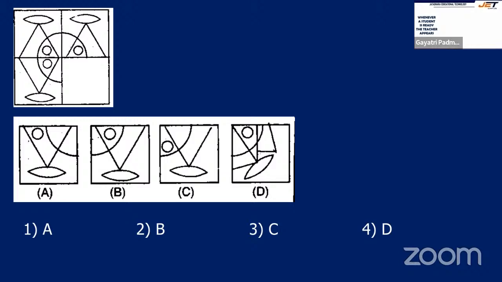You need to choose the correct one. All right, so you just have to see. Let me give you a clue how to choose such questions. It cannot be this, okay? Because see the way it is facing. So it should be C, B, or A.